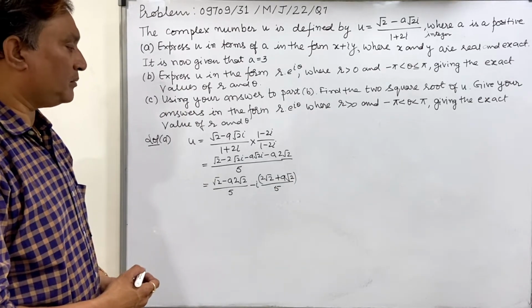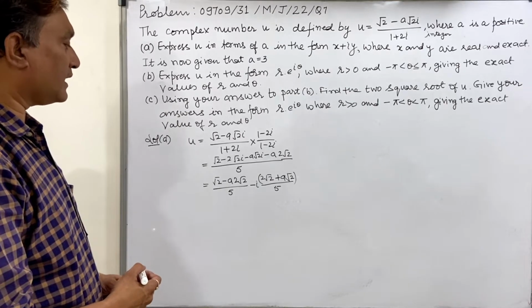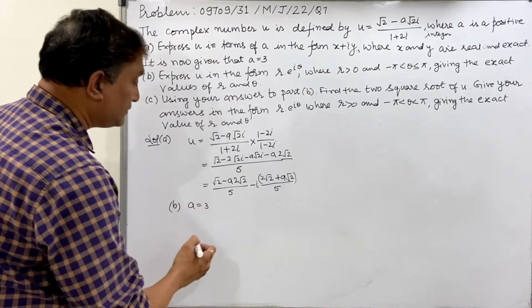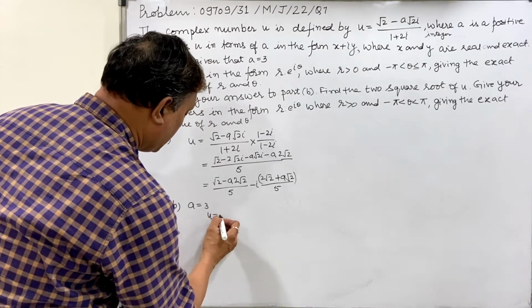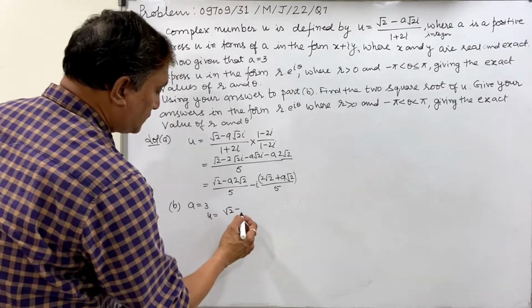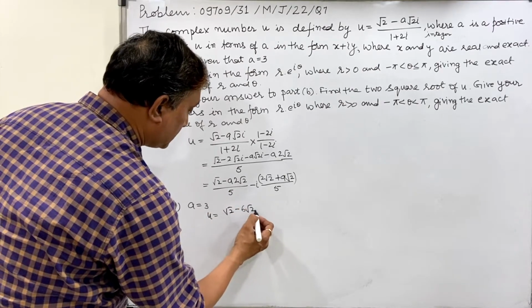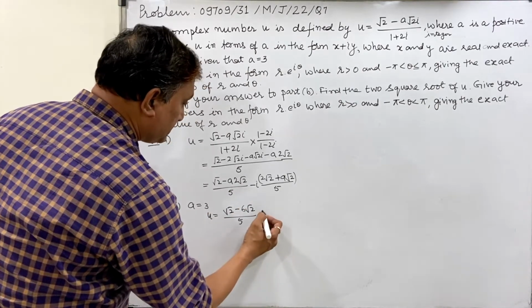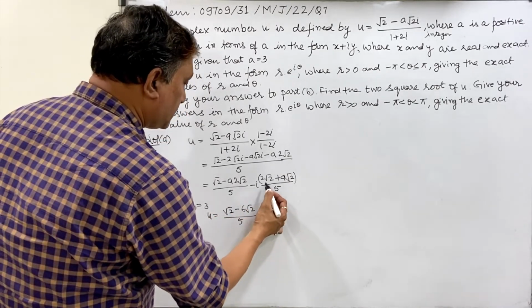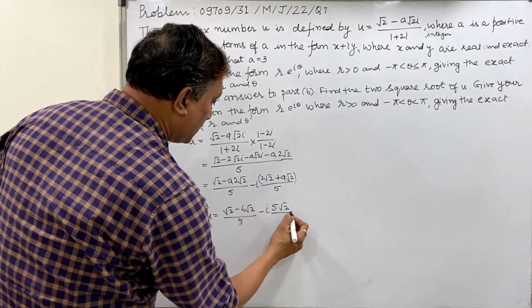Now we will proceed to B part. In B part, we are considering the value of a is 3. Then the u value would be (root 2 minus 6 root 2) upon 5, minus i times (2 root 2 plus 3 root 2), so that would be 5 root 2 upon 5.